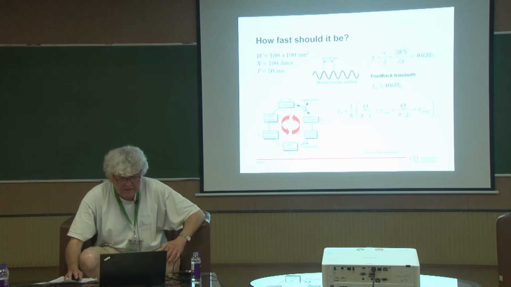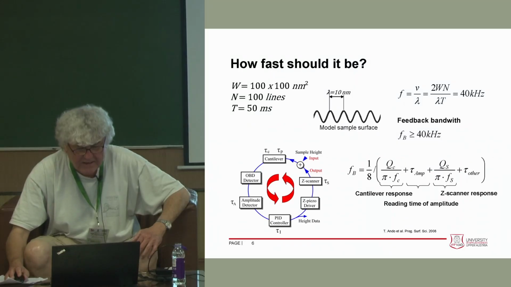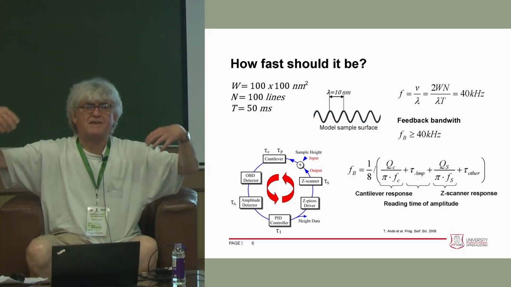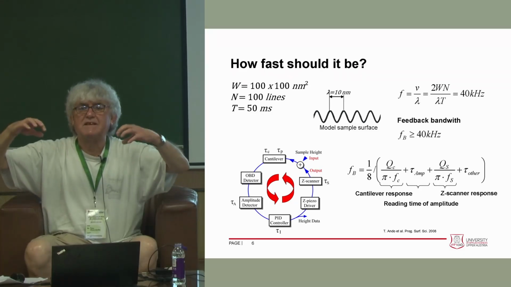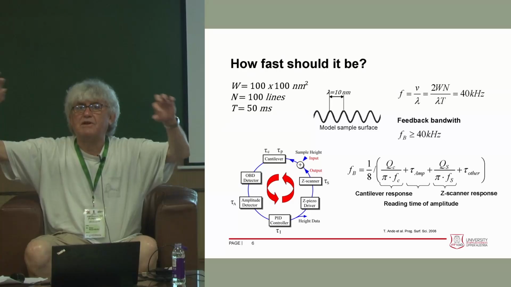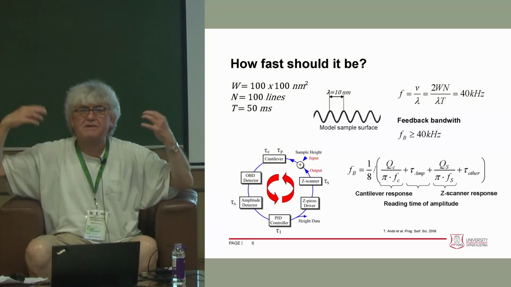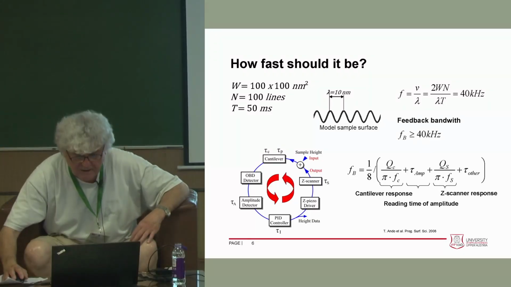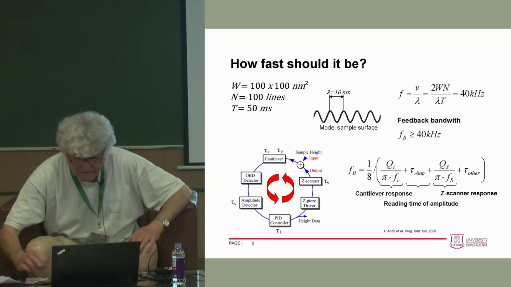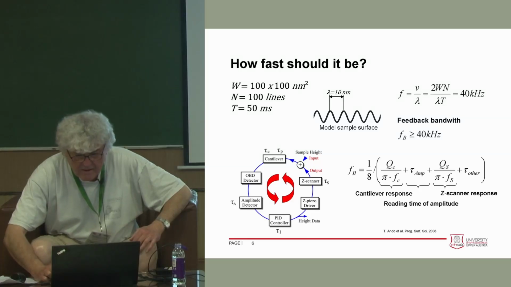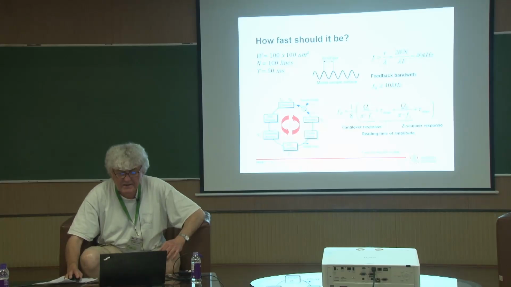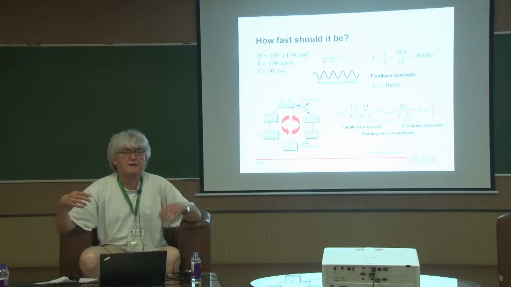Toshio put in a factor of 1/8, which is a kind of security factor, because it's an upper limit, and to avoid overshoot. That is a kind of experimental safety factor, as he describes it in the paper. So: cantilever response, reading time of the amplitude, and scanner response. These are the important time delays.